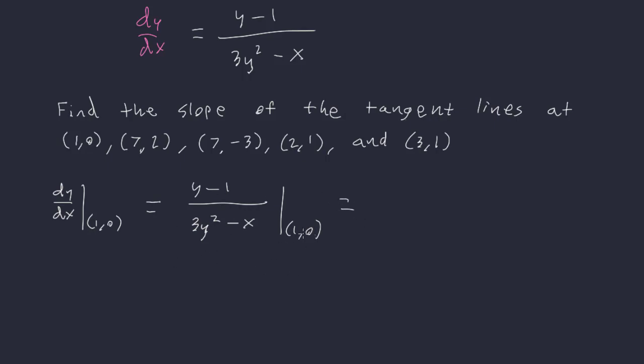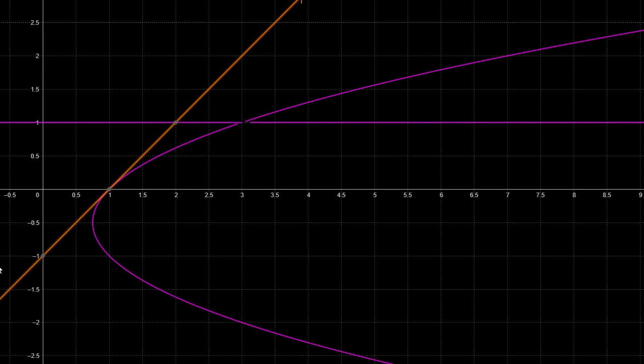So here at (1, 0), x is 1, y is 0, so we'll get 0 minus 1 all over 0 minus 1. So it will be negative 1 over negative 1, which is 1. And when we go back to the graph, I just made the tangent line with slope 1 here, and yes, that does line up pretty much exactly.